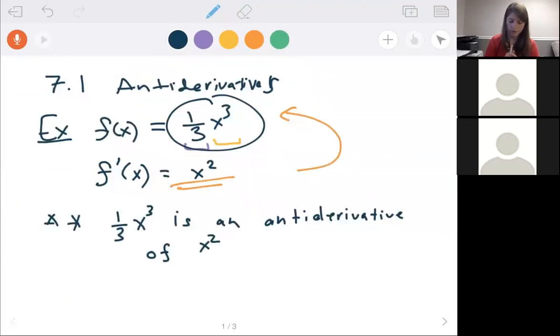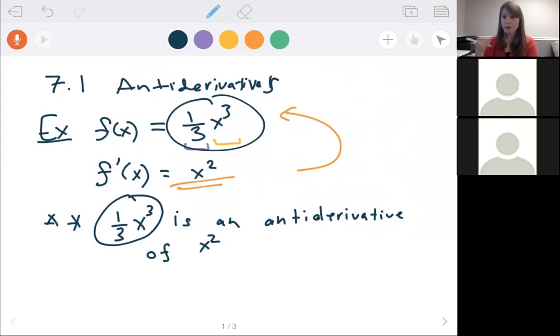Similarly, in the first example, the antiderivative had a power that was 1 higher than our derivative, because when we differentiate an x cubed, we get something involving an x squared. So if we think about the power rule for derivatives, you drop a power.